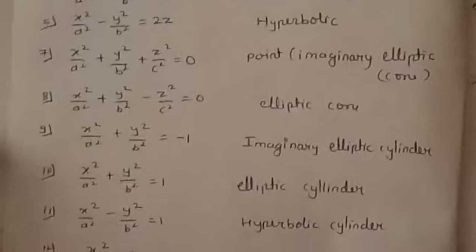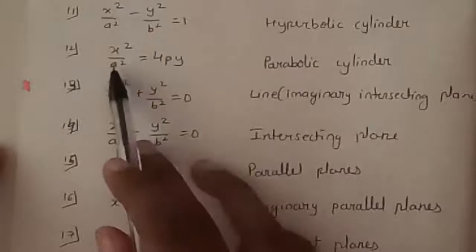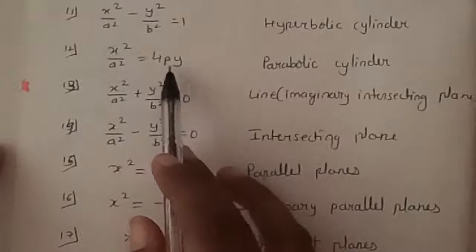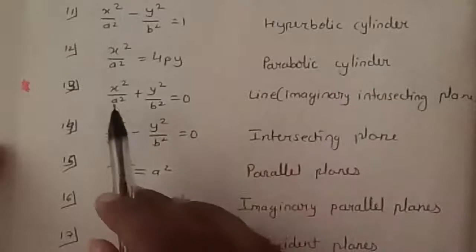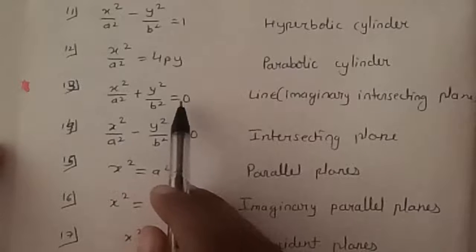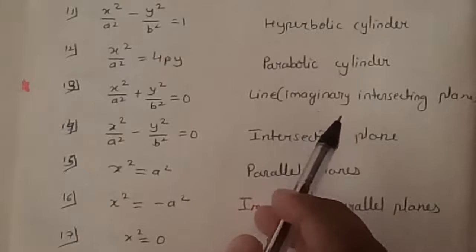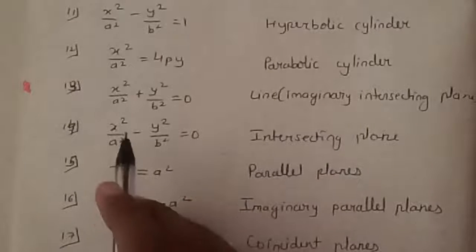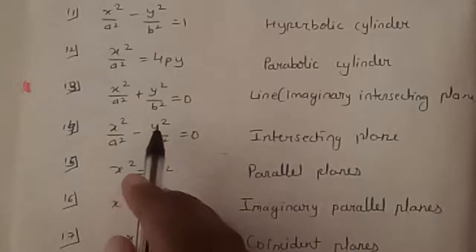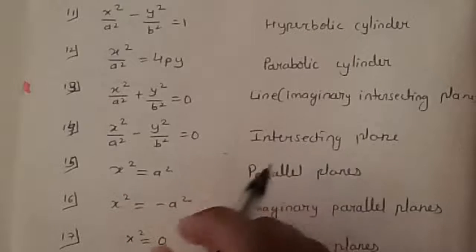Next we have x square upon a square is equal to 4py, then this is a parabolic cylinder. If x square upon a square plus y square upon b square is equal to 0, then this is a line, or we can say this is imaginary intersecting planes. If x square upon a square minus y square upon b square is equal to 0, then these are intersecting planes.